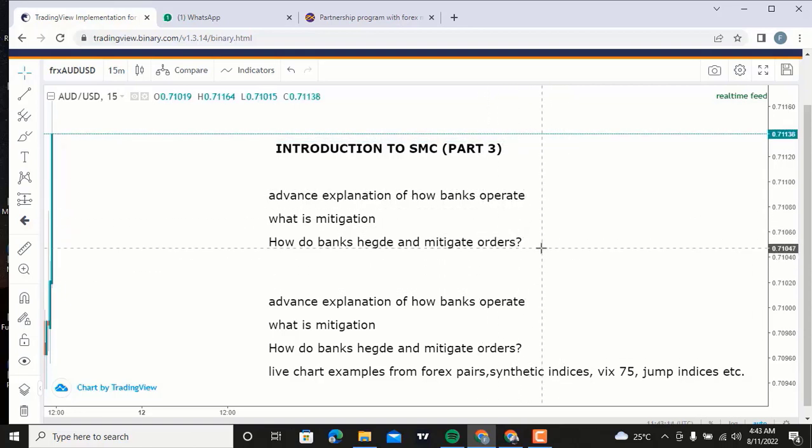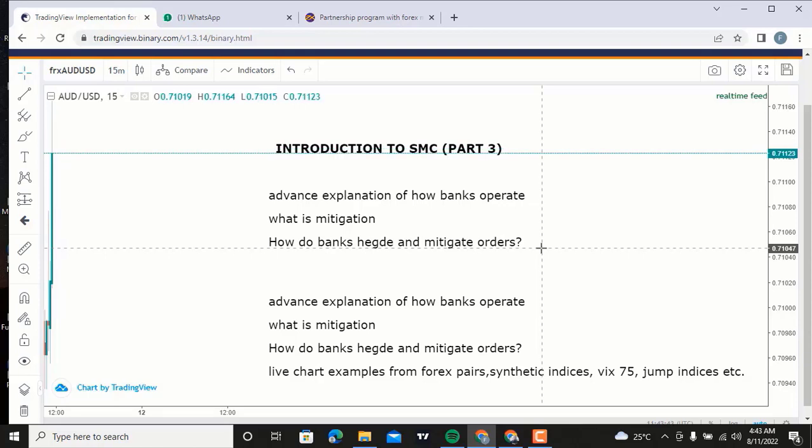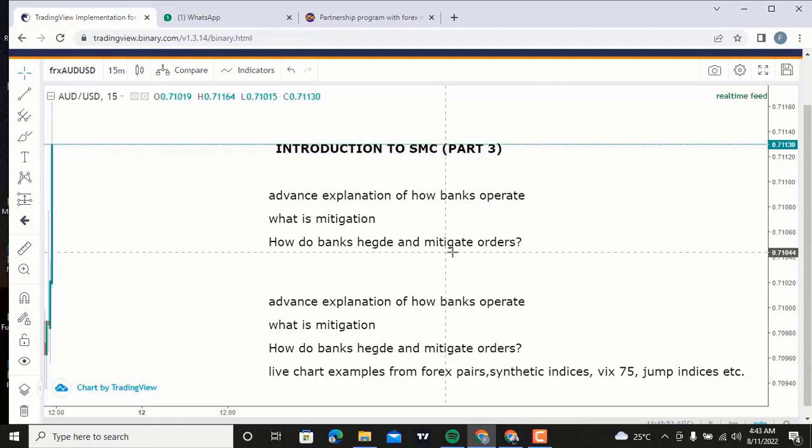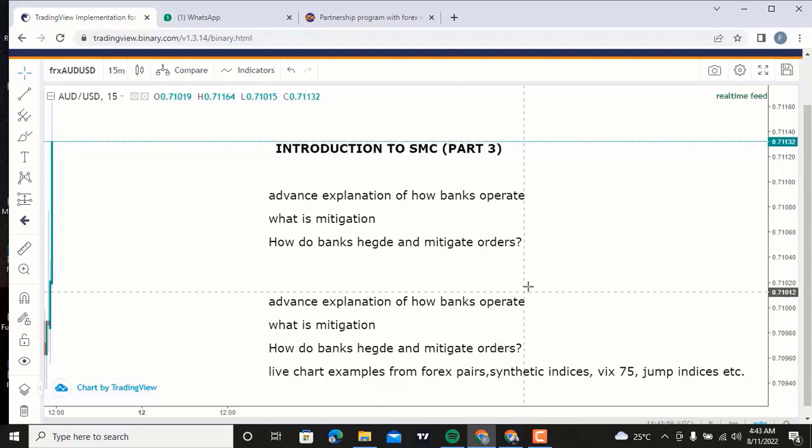Then we showed you how this actually happens. In this part 3 we are going to take these concepts and explain them in detail, so that you can best understand and take your decisions. We'll talk about how these banks operate, how they mitigate, what mitigation actually is, and how they operate by hedging, taking trades in order to grab liquidity.